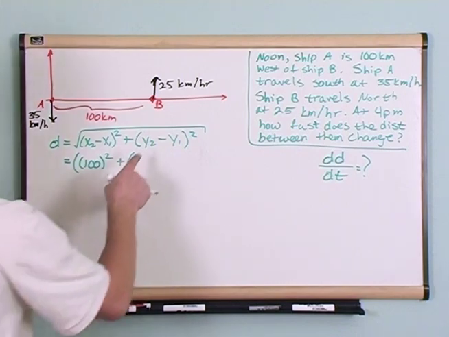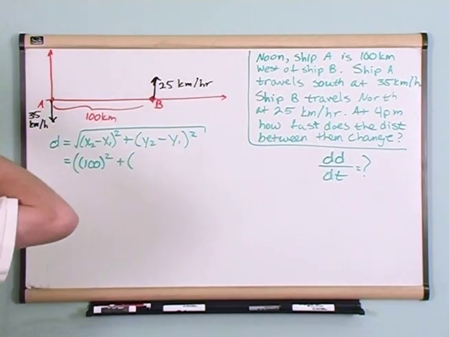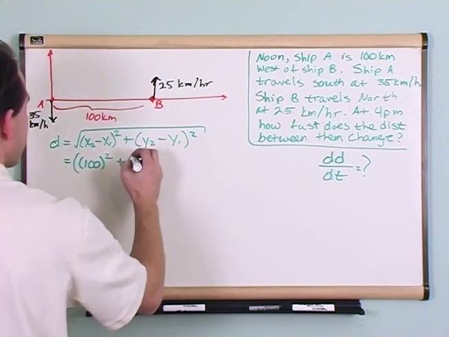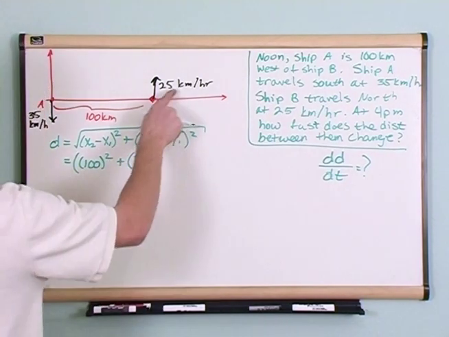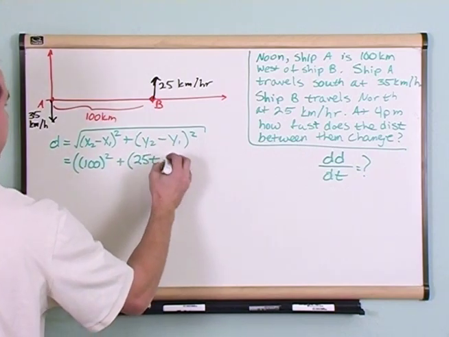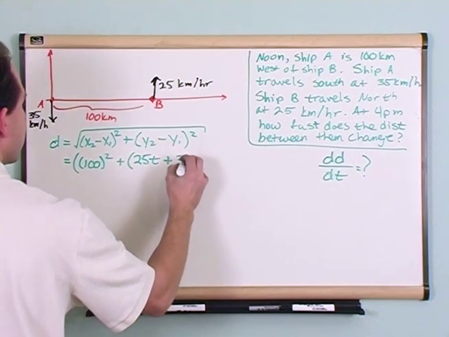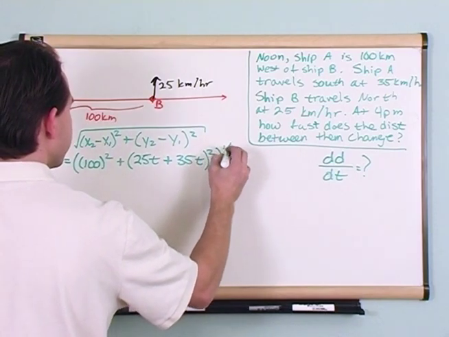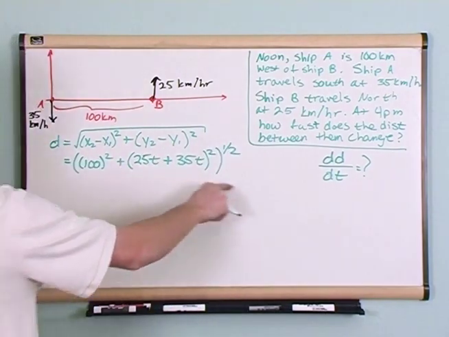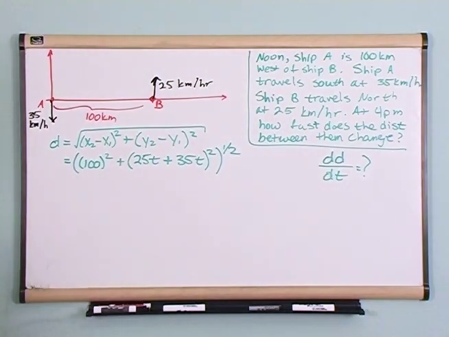As time goes on, the distance between them is going to be 25 times time, 25 kilometers an hour times time, plus 35 times t. I'm going to explain this, so don't freak out on me here. And this is all raised to the 1/2 power, which is the square root.